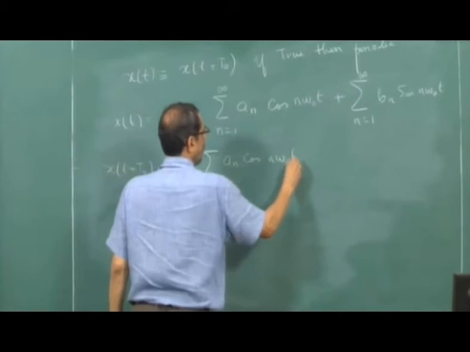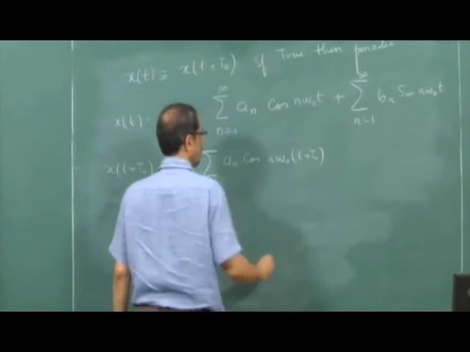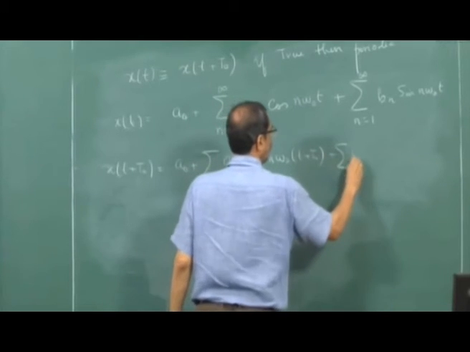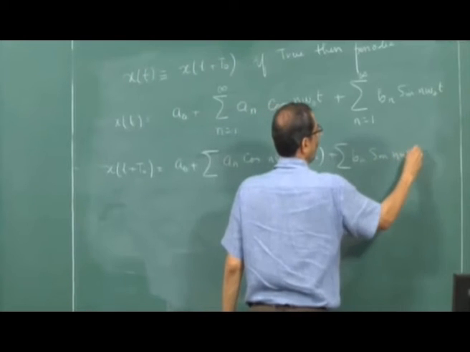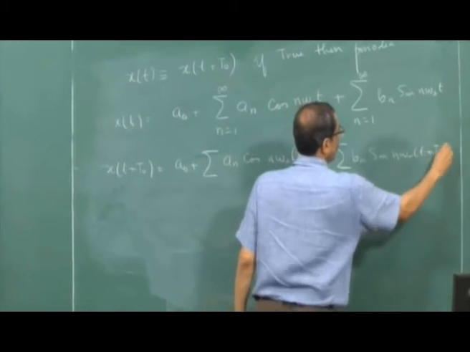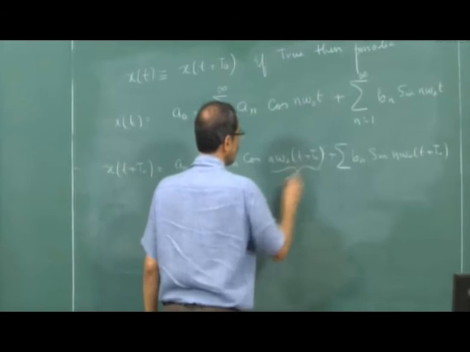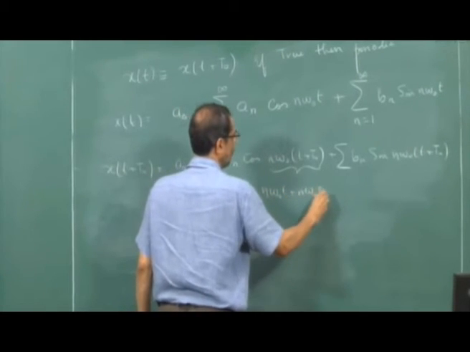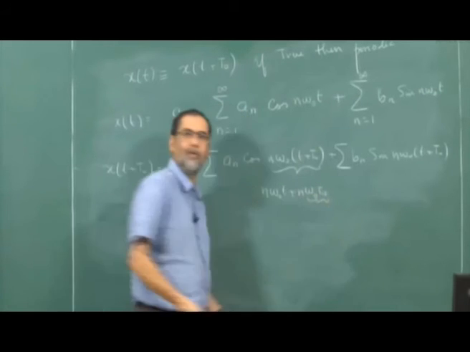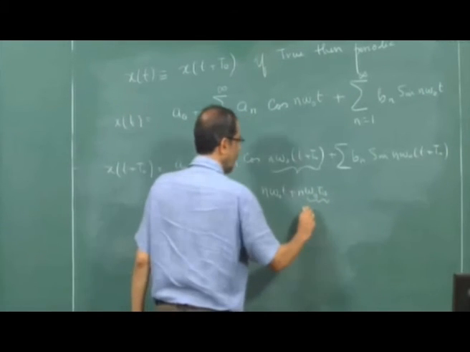Then an cosine n omega naught t plus t naught, bn sine n omega naught t plus t naught. If you expand this, you get n omega naught t plus n omega naught t naught, but omega naught t naught we know is 2 pi, so it is n into 2 pi.